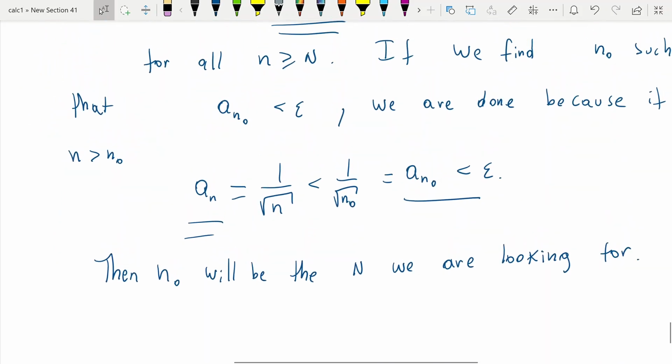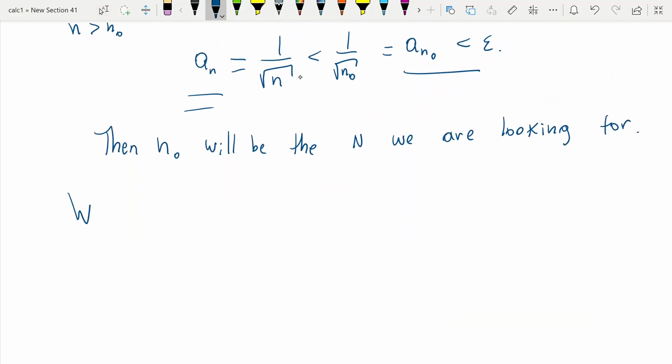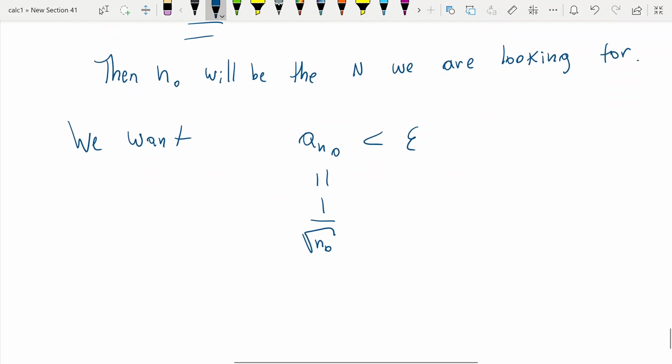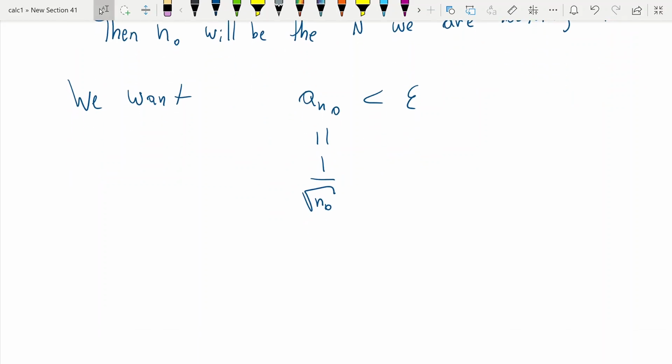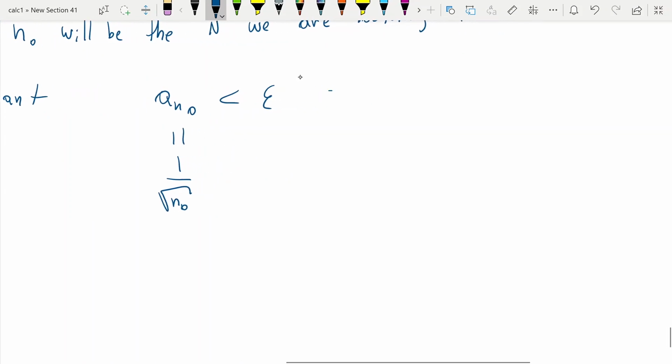Perfect. So how do we find that n? We want to find an n0 such that a sub n0 is less than epsilon. But this is equal to, as we wrote up there, 1 over the square root of n0. So this will be true if and only if, you can divide by epsilon.